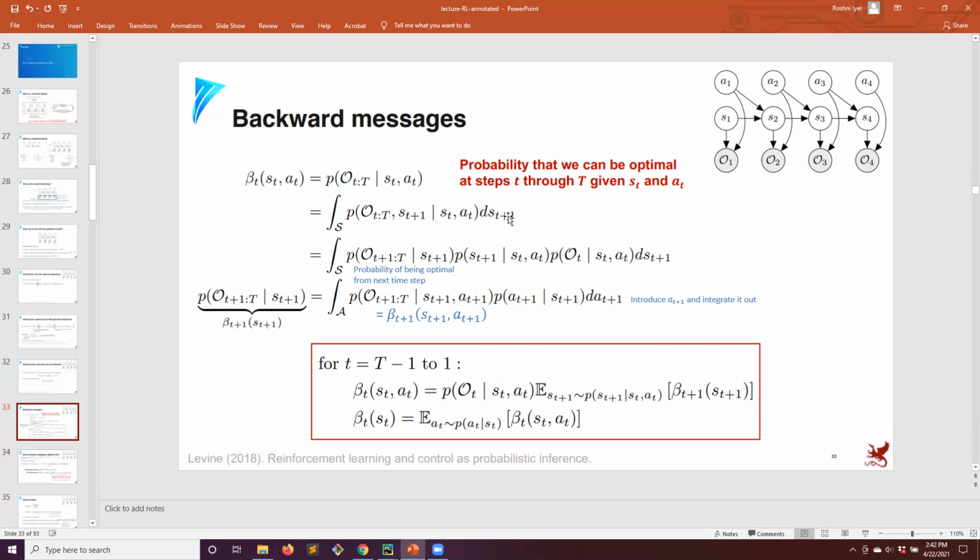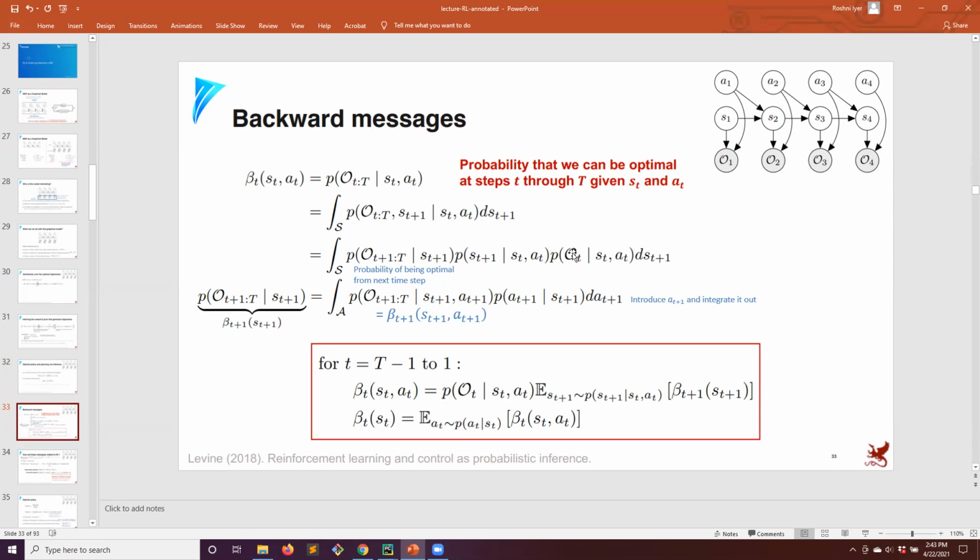This is just following the rules of probability. The way we interpret this is as the probability of being optimal from the next time step to the horizon. And this is the transition dynamics, and that we have currently acted optimally.